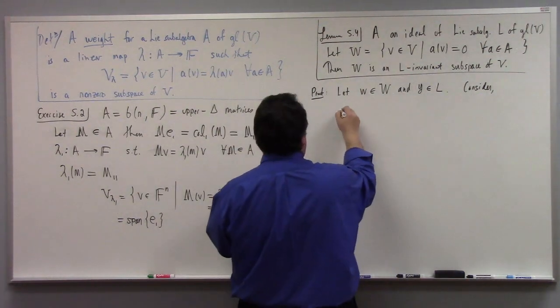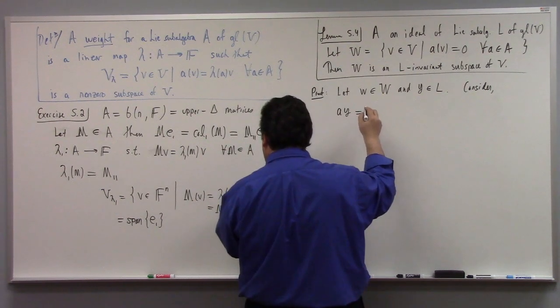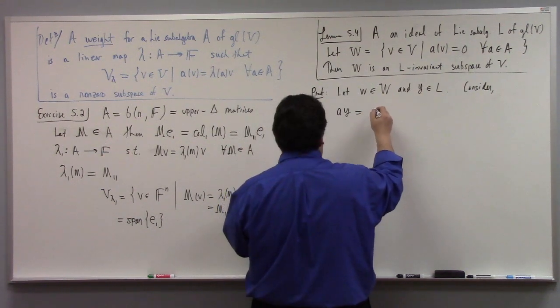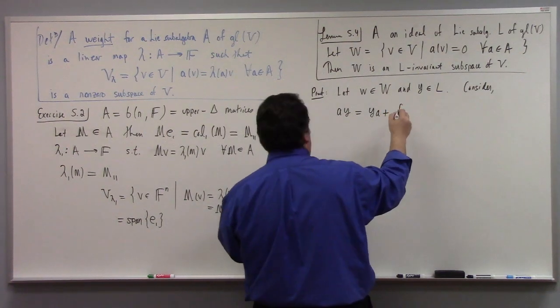Consider Ay, and this is like, Jacob, you'll remember this from quantum mechanics. Ay is equal to yA plus the commutator of A and y.